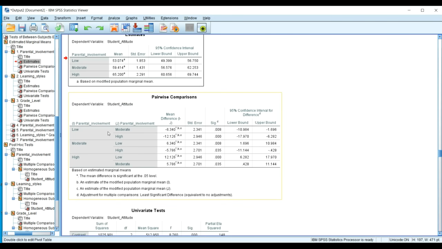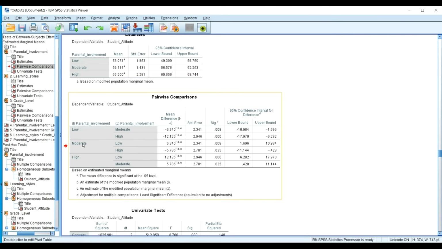So when you compare low parental involvement to moderate and high, you see that it is statistically significant, but quite less. Looking at the mean values here, the mean for moderate parental involvement is higher than that of low.